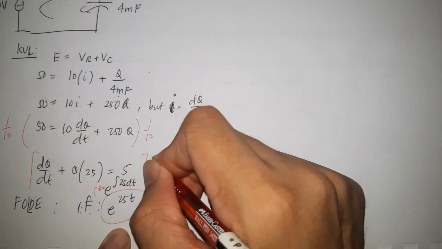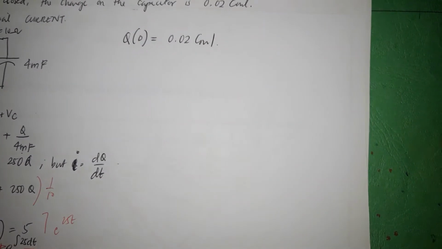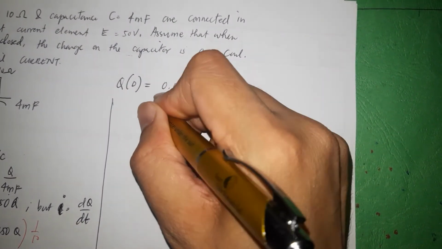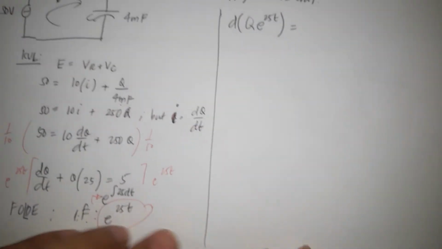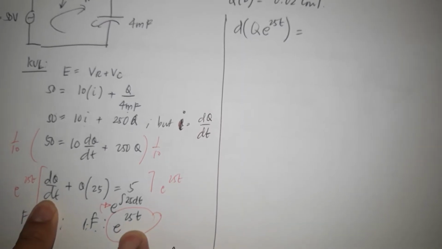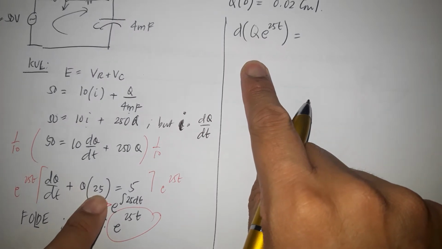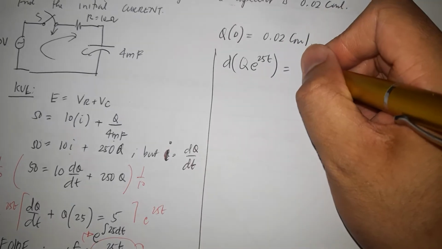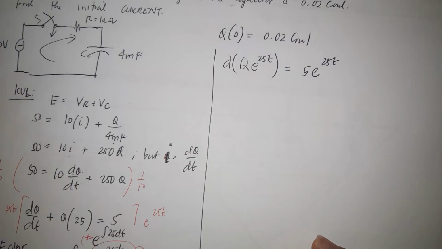So multiplying this all by e to the 25t, so multiplying our LDE by our integrating factor, that is the derivative of the product of the dependent variable Q and our integrating factor e to the 25t equals 5 e to the 25t.